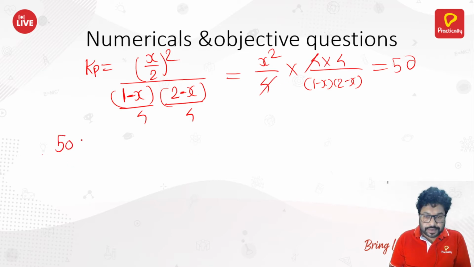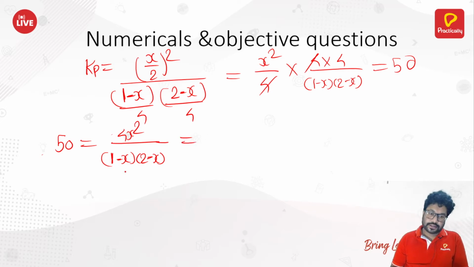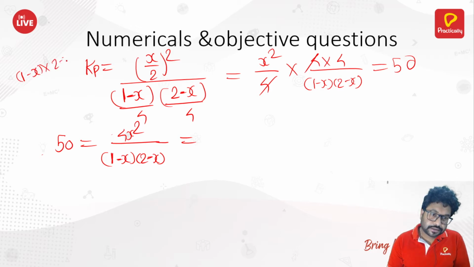Kp is equal to 50, which is equal to 4x square divided by 1 minus x into 2 minus x. Now obviously we need to solve this. So how can we solve this? 1 minus x into 2 minus x: 2 ones are 2, 2 minus 2x, right?